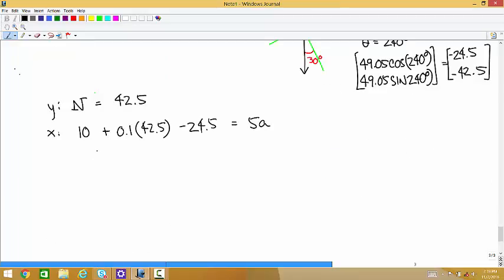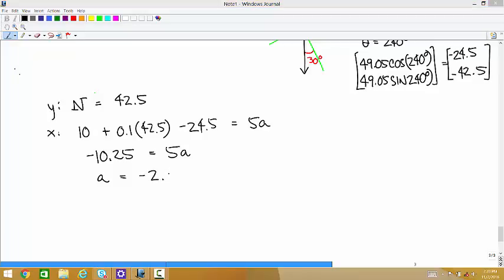So negative 10.25 is equal to 5a, so a is equal to negative 2.05.